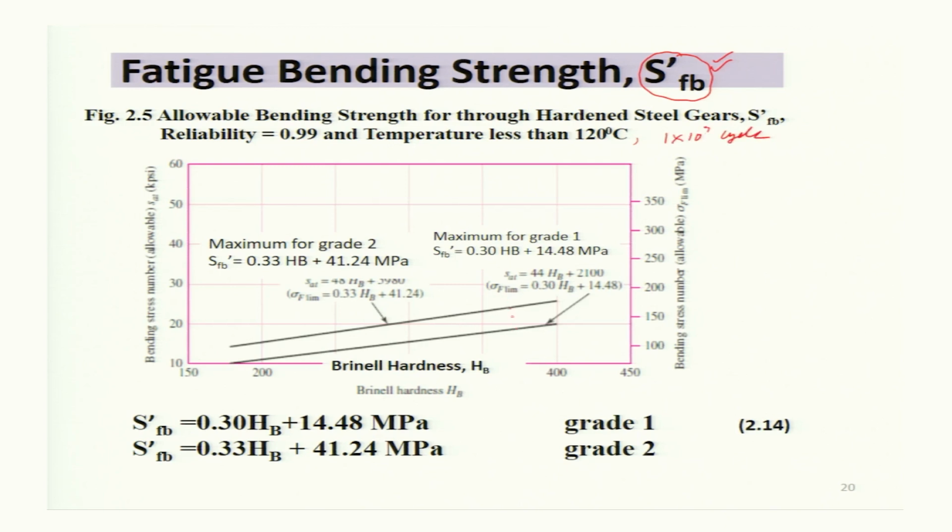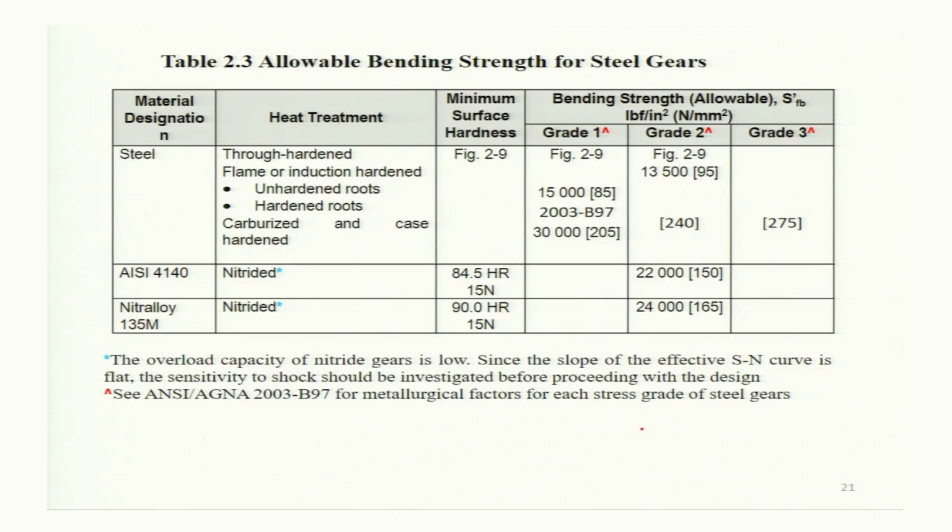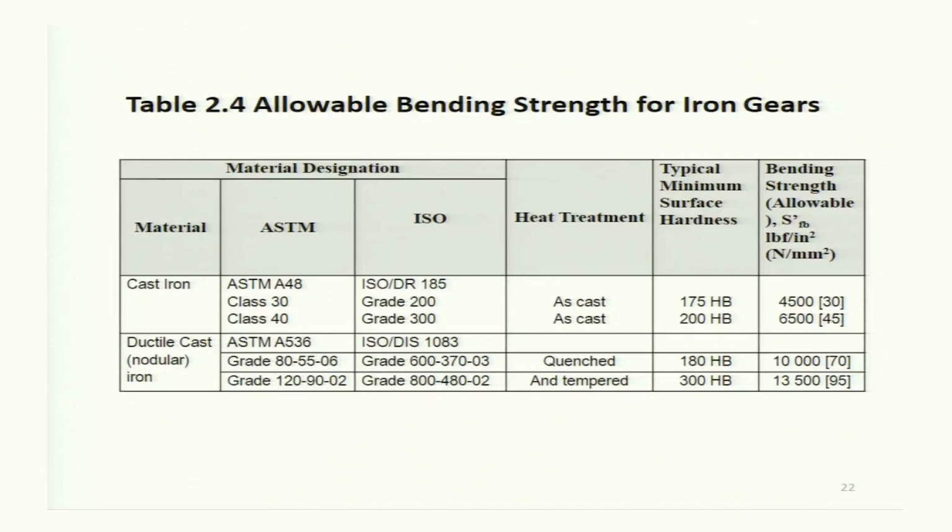So, knowing the grade of the steel, you can use these formulas also to determine the value of SFB dash, these formulas. Or you can use this table, and depending on the material of the gear, heat treatment and the minimum surface hardness, you can get the bending fatigue strength SFB dash in megapascal. This is for the iron gear. This data provides you the bending strength SFB dash, within the bracket terms are in megapascal.